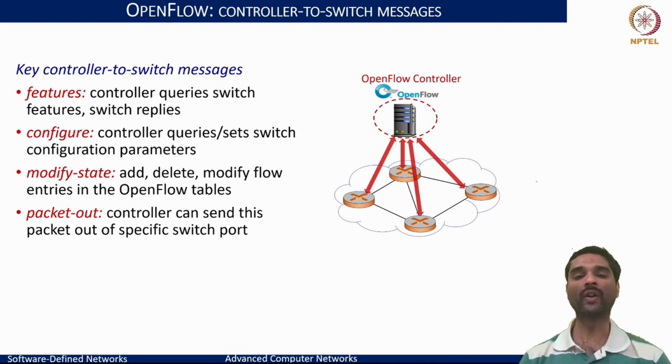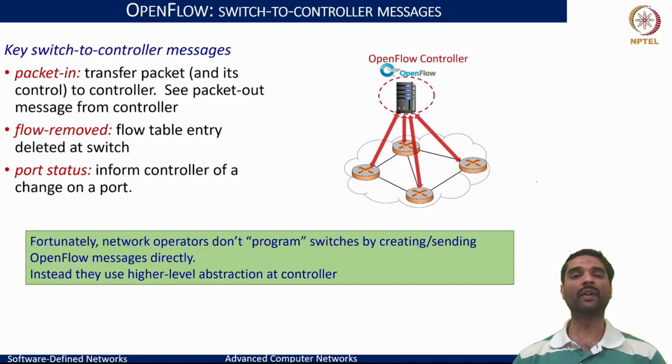And then you have the modify state operation, which basically is to update the forwarding rules on each of these networking devices. We will look into this in more detail. And the packet out is another message where, if a controller wants the switch to send specific kinds of packets, it could use these packet out messages.